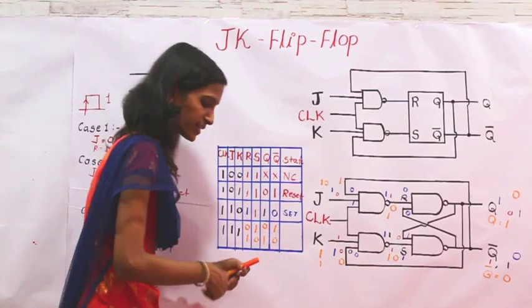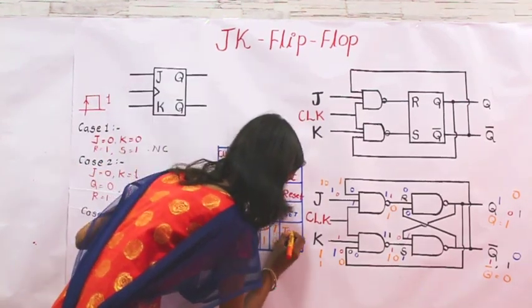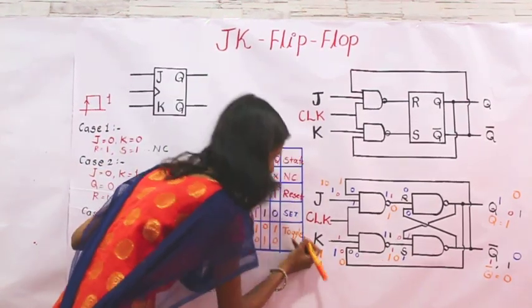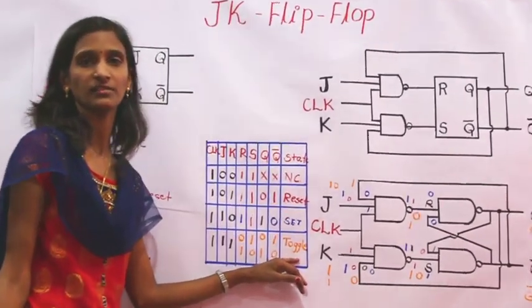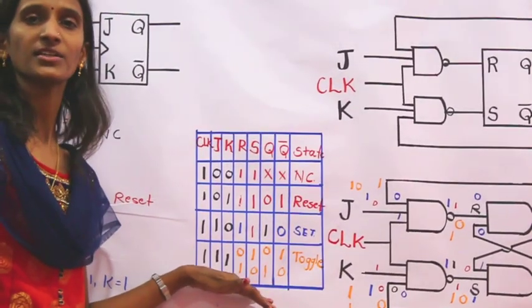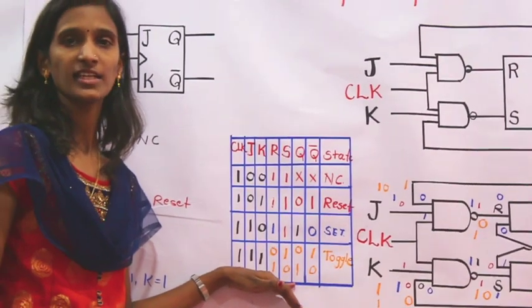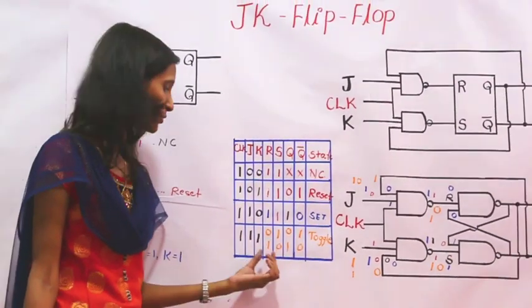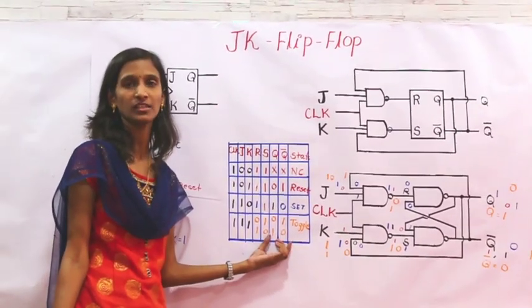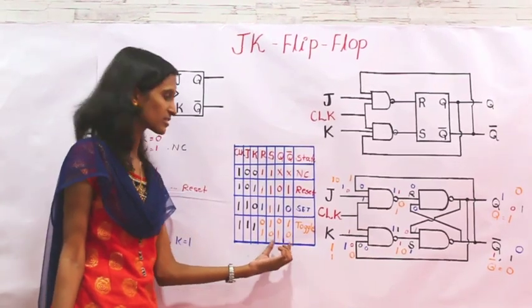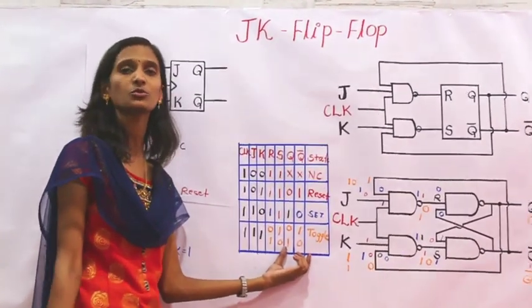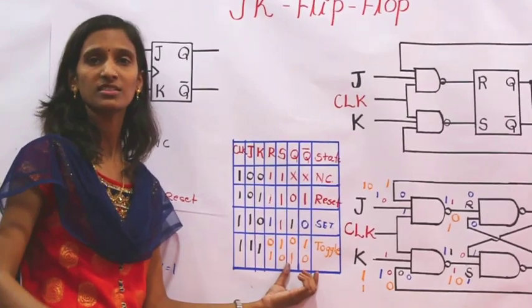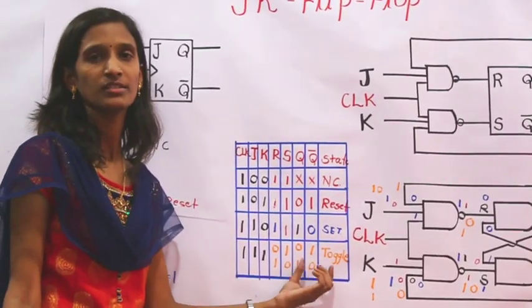This condition is called the toggle condition. This is the main advantage of the JK flip-flop. In case of the SR flip-flop, we got here a no change value. But here we got some values which can be used to store or used to step forward for the operation of the JK flip-flop.